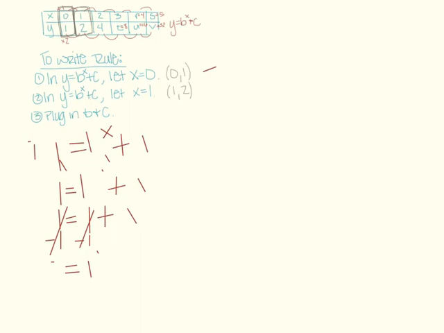Okay, step number 2 says to let x equal 1. So I have the same thing, y equals b to the x plus c. And on this one it says when x is 1, y is 2. So we'll plug in 2 for y, plug in 1 for x, bring in the b.